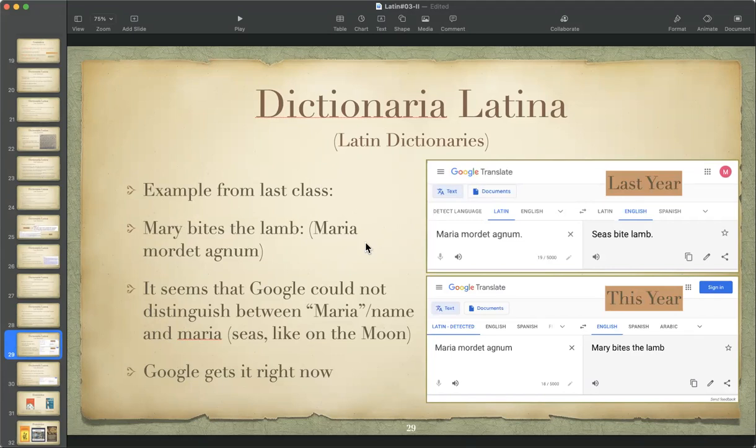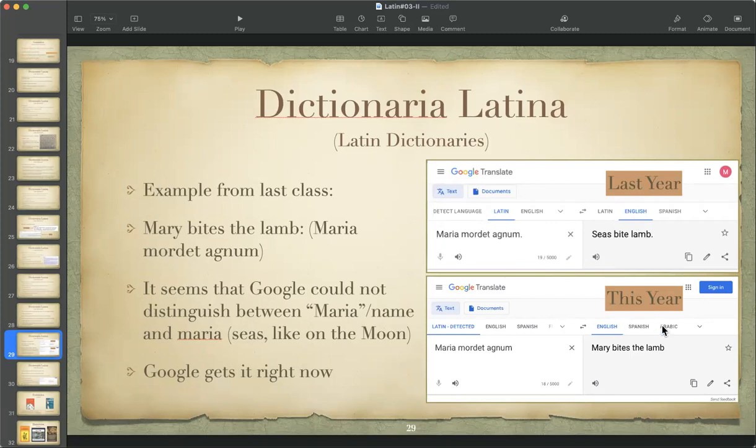If you remember the Sea of Tranquility, Mare Tranquillitatis, the plural is Maria. So yeah, that's true. This is a valid translation. It is not the correct translation, though.